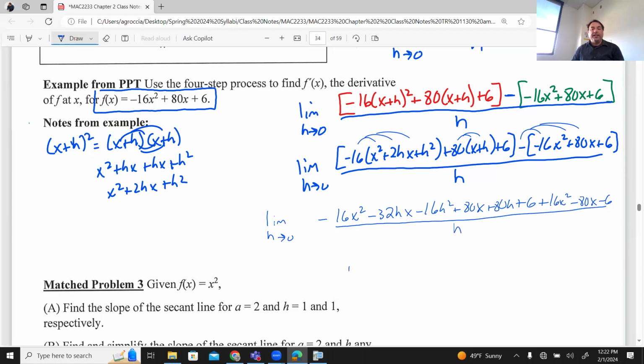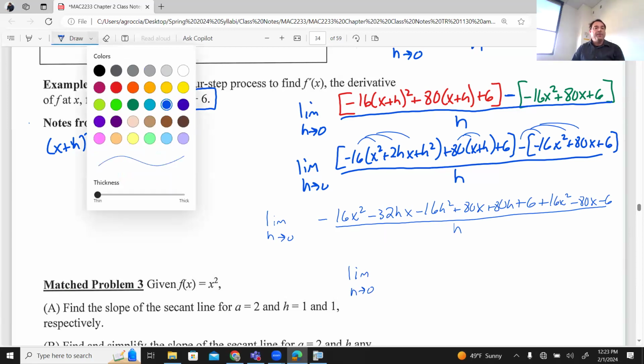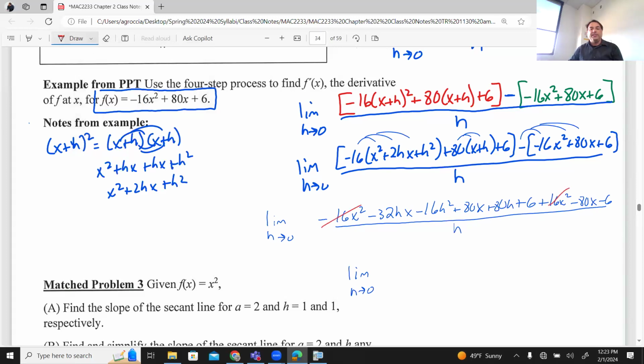And then this is where things start cleaning up a little bit. Again, we continue to write limit as h approaches 0. We're going to keep writing that. But then what ends up happening? What ends up happening is negative 16x squared plus 16x squared, 80x minus 80x, 6 minus 6.